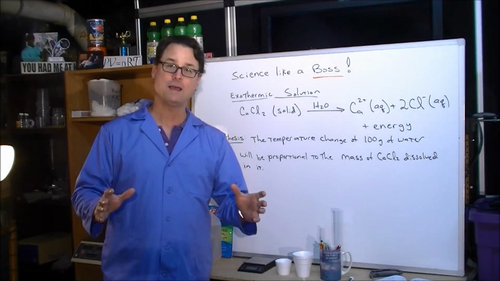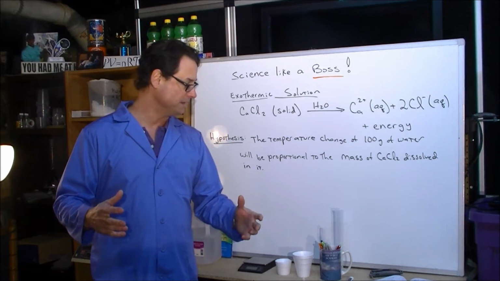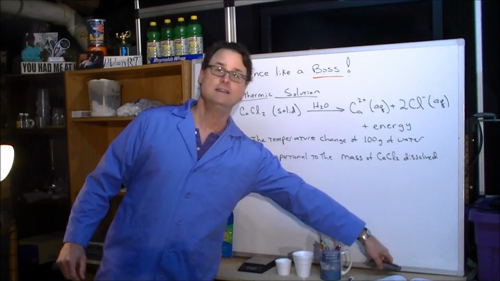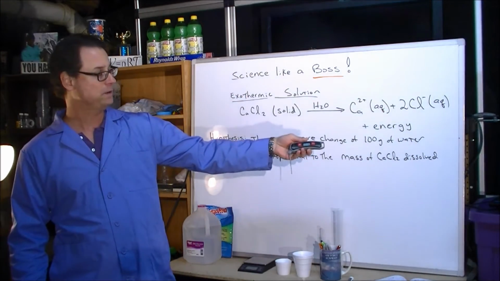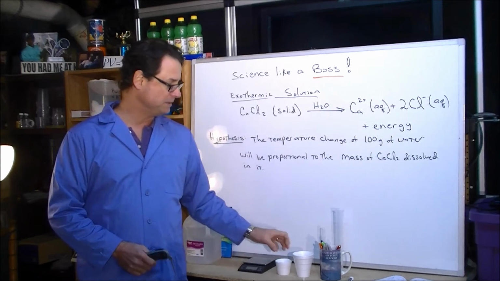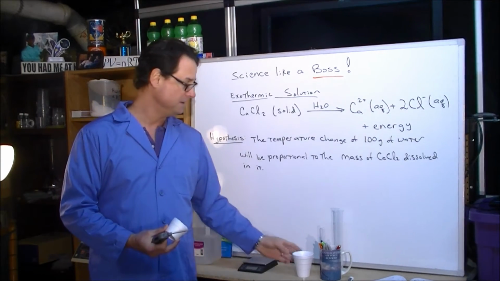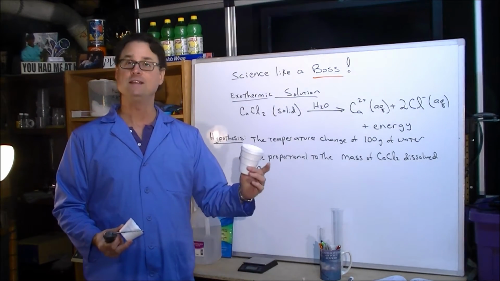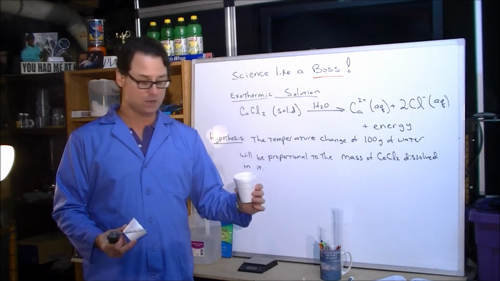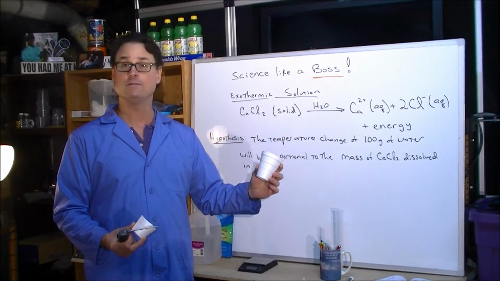Now, as a practical matter, we need a few things. One thing that we need is our laboratory thermometer. Another thing that we need is what's called a coffee cup calorimeter. It's convenient to use a styrofoam cup, and in fact you need several of them for this lab.